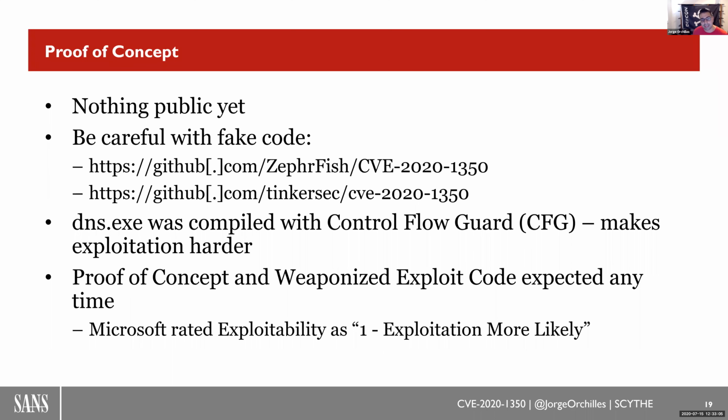However, in this case, dns.exe was compiled with Control Flow Guard, which makes exploitation harder. You're going to have to send a lot more requests to learn about where you are in that environment before you can actually get exploit code. So there is no proof of concept, but we do expect it out at some point. Microsoft has an exploitability assessment score, and they rated this one as 1, which is exploitation more likely.